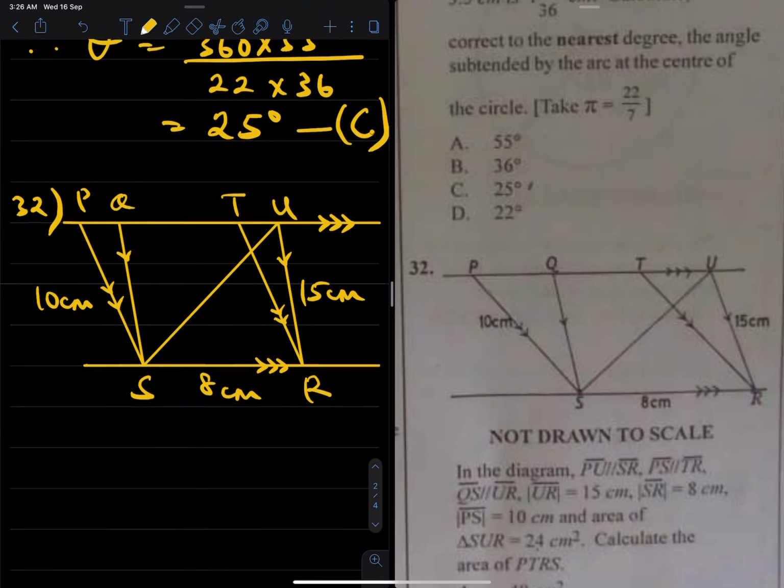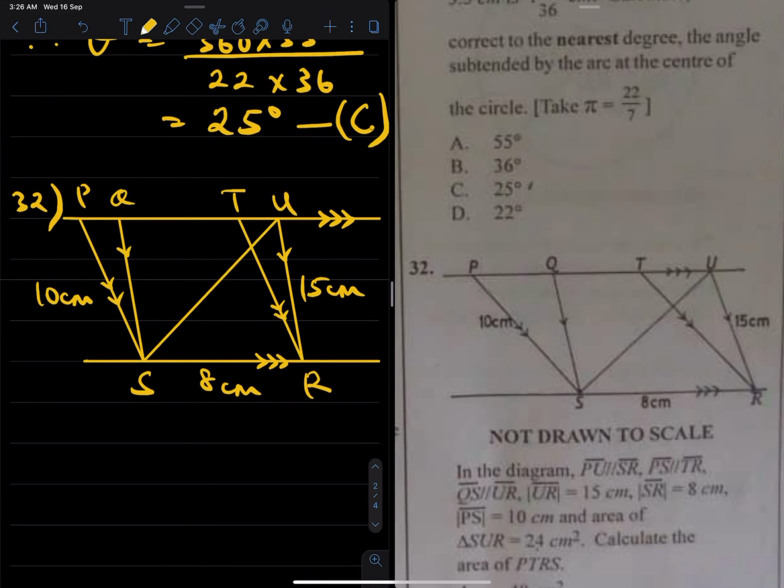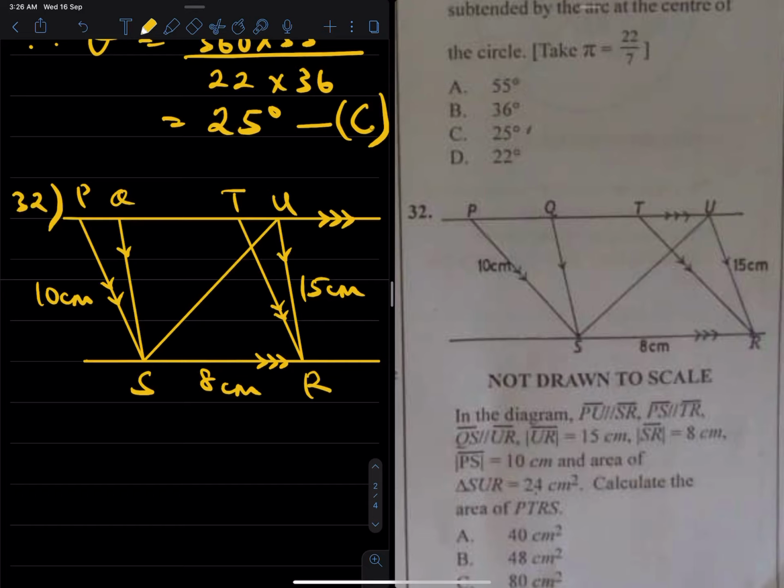So the information given is: in the diagram, PQ is parallel to SR, PS is parallel to TR, QS is parallel to UR, US equals 15 centimeters, SR equals 8 centimeters, PS equals 10 centimeters, and the area of triangle SUR is 24 centimeters squared.